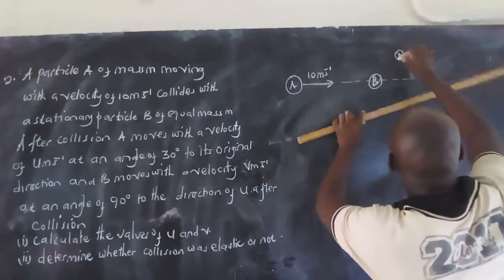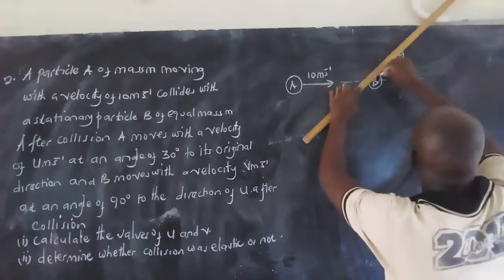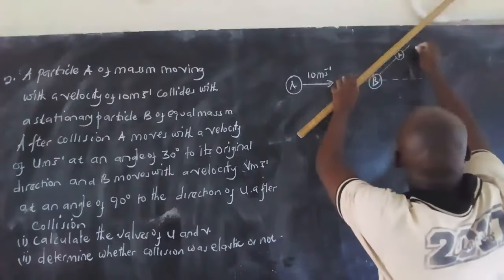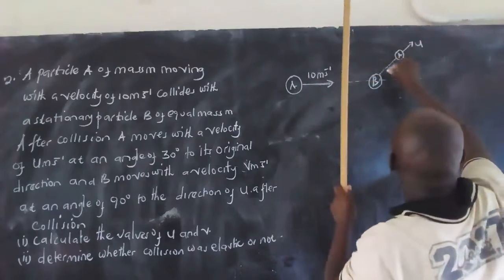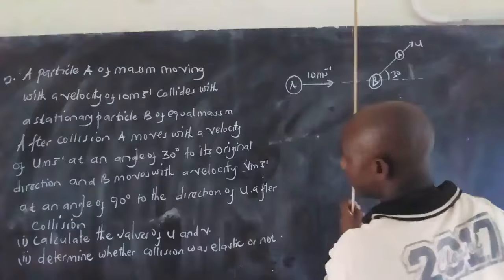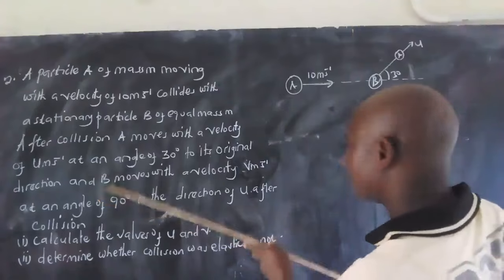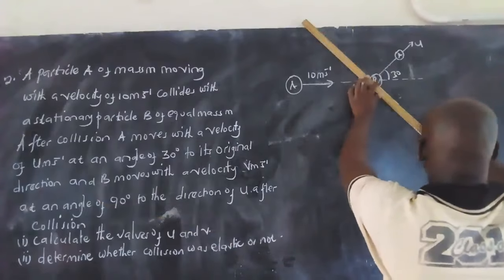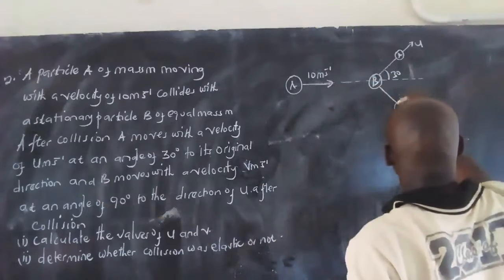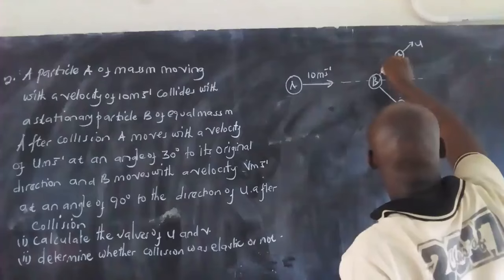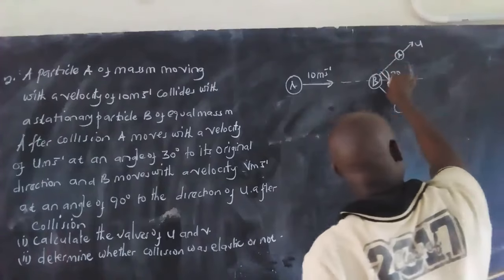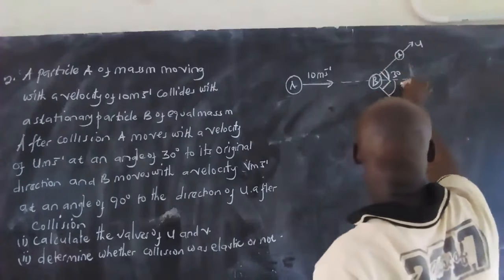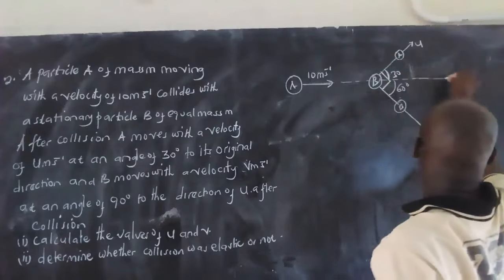This is A. And then the other one moves in this direction. B goes here at an angle of 90. This is 90, so this is 30. This will become 60 degrees.